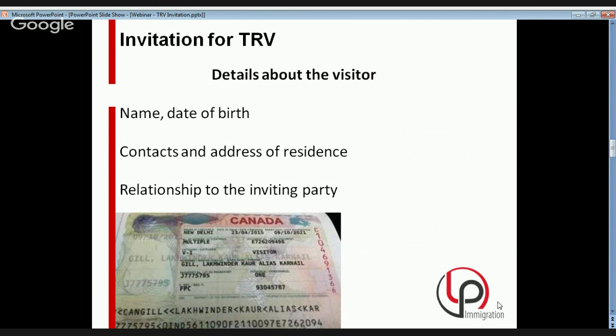And of course, this information must match the information provided in the TRV, temporary resident visa, application by an applicant him or herself. Otherwise, an officer will have a just ground to believe that the information in front of him or her is misleading, right? Typical mistake: the invitation letter says that I am inviting my friend or my relative ABCD who is residing in that country, and this is the phone number.